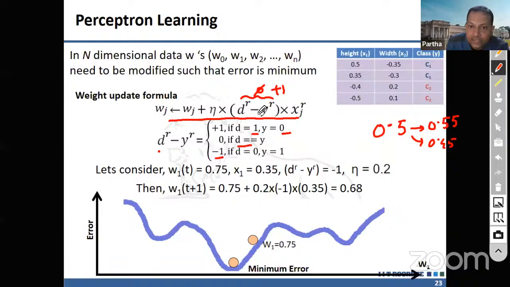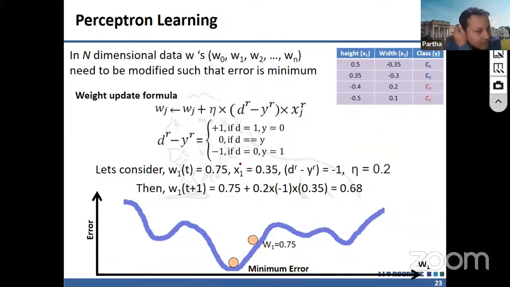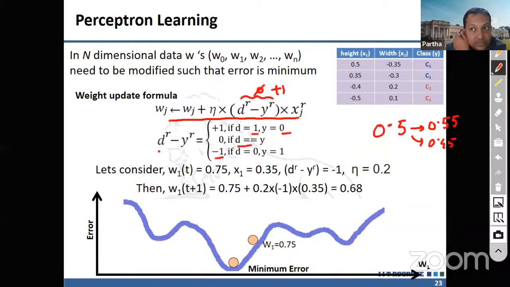If d is actually 1 and you are predicting wrong, that means I'm making a mistake, so I'll be adding, going from 0.5 to 0.55. If d was 0 and I'm predicting 1, then I have to reduce. This is the simple calculation by which I'm changing these weights.